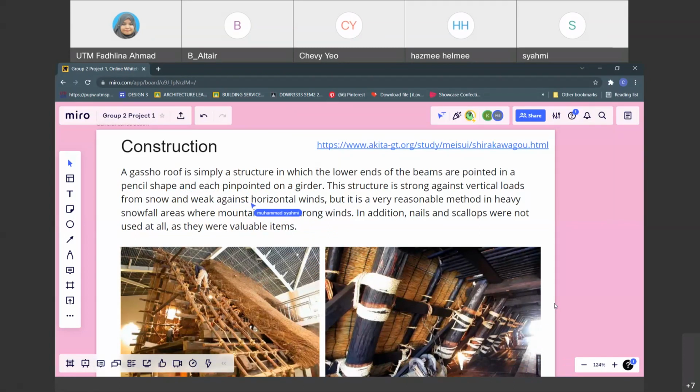Okay, and then when you talk about the construction, are you going to talk about the structure as well? Construction and structure, is it? This part is more about construction in general. Okay, but if you are talking about construction, usually you will also talk about the structure, because the gassho roof is put on top of all this timber construction, right?